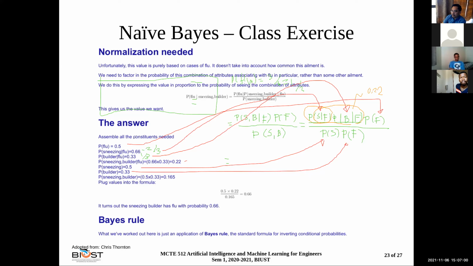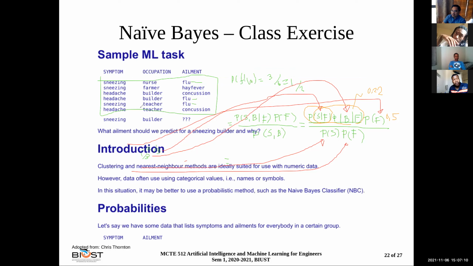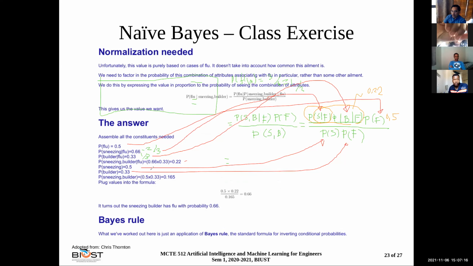Probability of flu, we know that already, that's 0.5. Now the probability of sneezing: where is sneezing? 1, 2, 3, so 3 divided by 6, probability is 0.5.